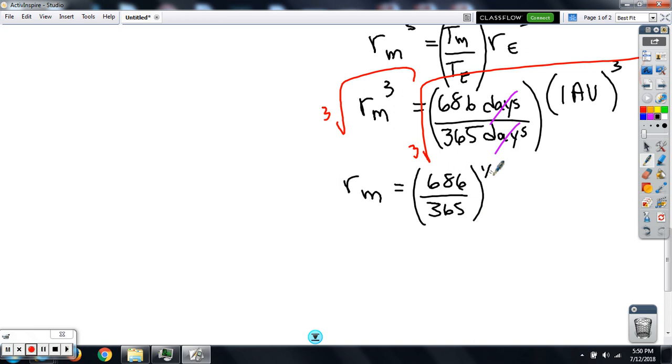The other way you can express that is as a fractional exponent. Cube root is the same as something raised to the one-third power, times 1 AU, which I don't have to write the 1. So this next step is just simplifying, which I got 1.5 AU. And so that's the extent of what you should be able to do with Kepler's law.